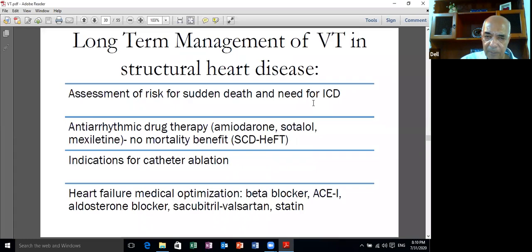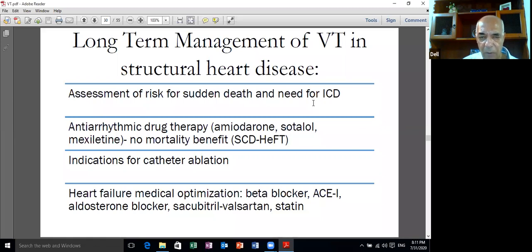Now, what's the long-term management of patients with ventricular tachycardia in the presence of structural heart disease? First of all, you assess the risk of sudden death and the need for ICD, essentially ejection fraction below 35%. Antiarrhythmic drugs, including amiodarone, sotalol, mexiletine, although we know that the mortality from arrhythmia decreases with these drugs, the total mortality does not decrease.